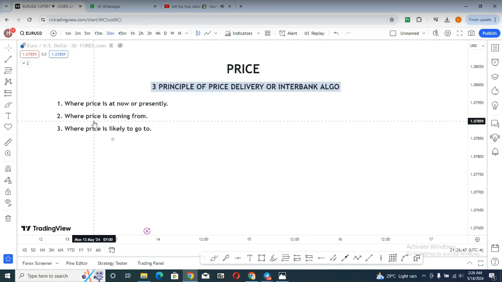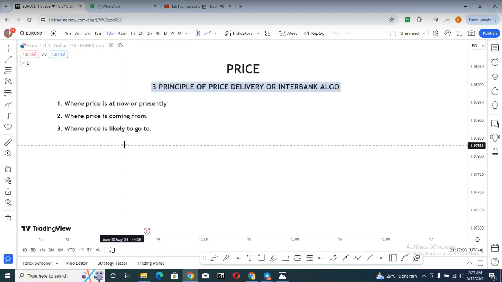So understand these three things: where price is at now, where price is coming from, and thirdly, where price is likely to go. Let it be at the tip of your fingertips.